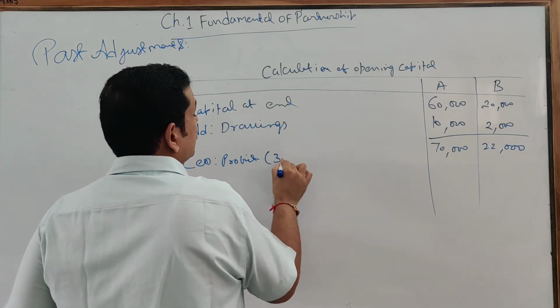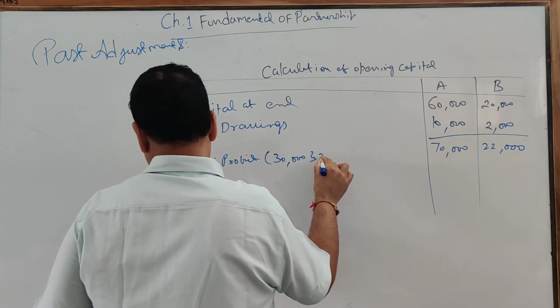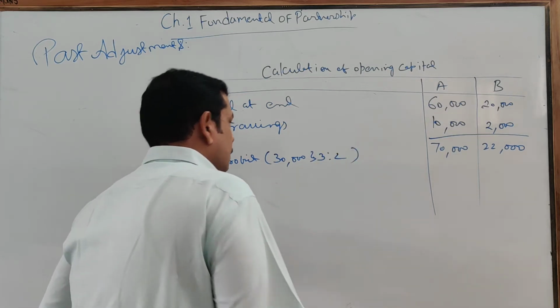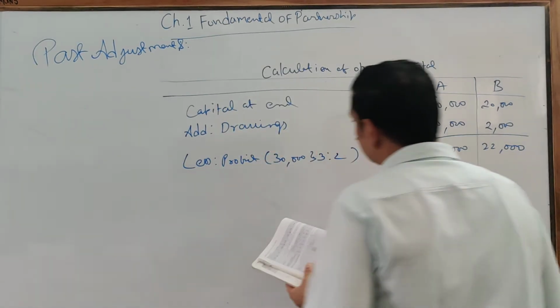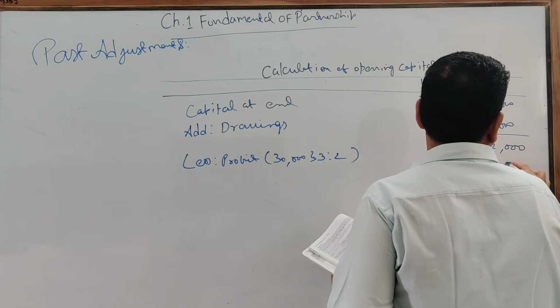Profit is 30,000 and the PSR is 3:2, so distribute this: 18,000 and 12,000.